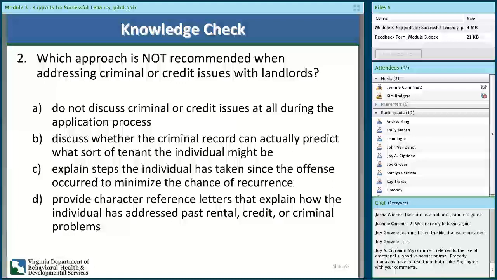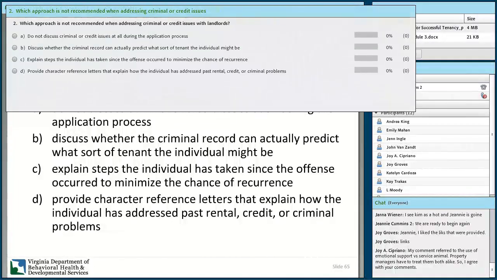All right, let's look at question number 2 for supports. Question number 2 is, which approach is not recommended when addressing criminal or credit issues with landlords? A, do not discuss criminal or credit issues at all during the application process. B, discuss whether the criminal record can actually predict what sort of tenant the individual might be.